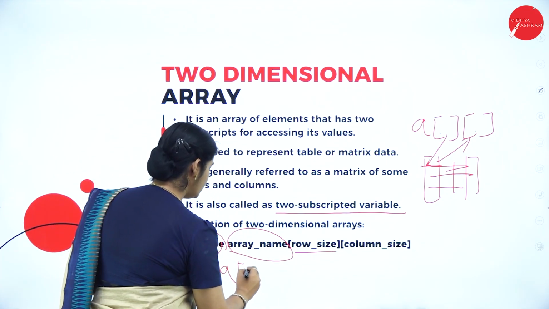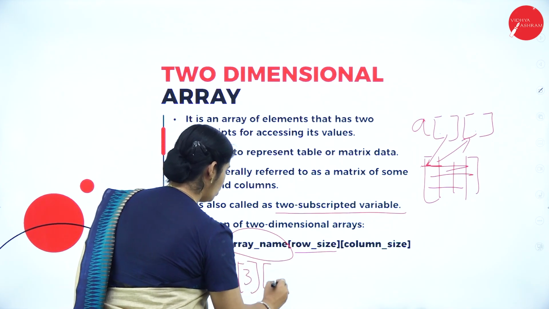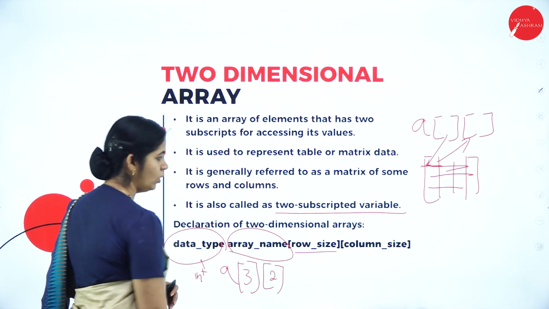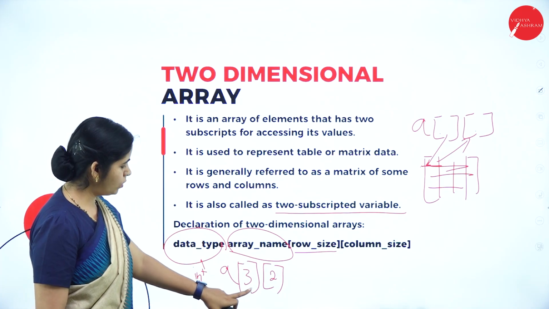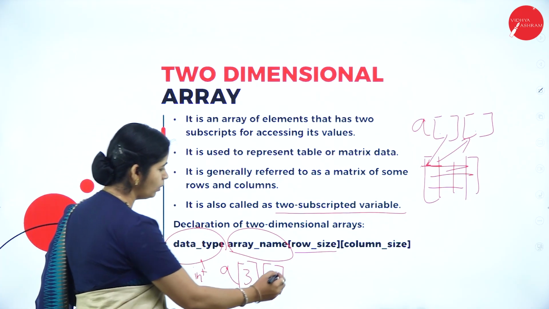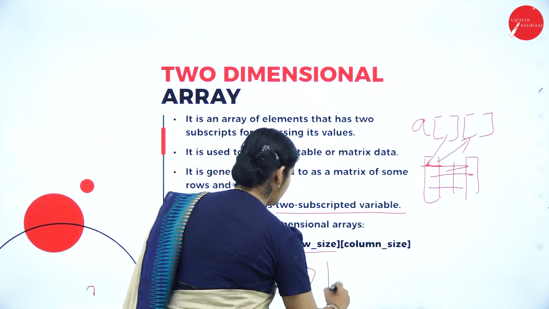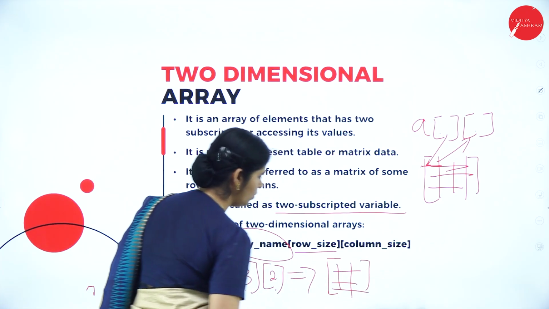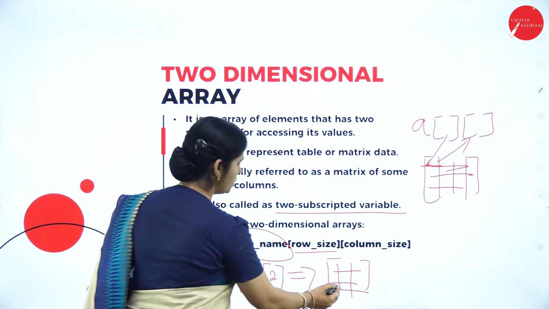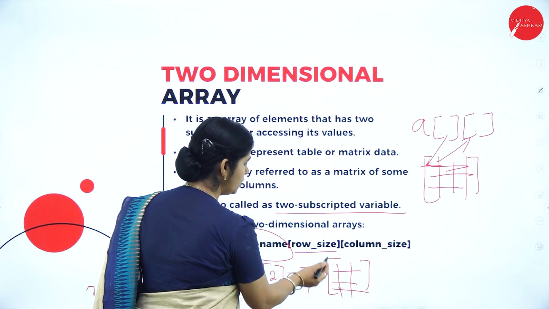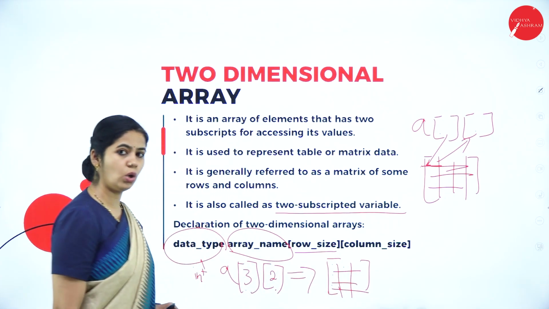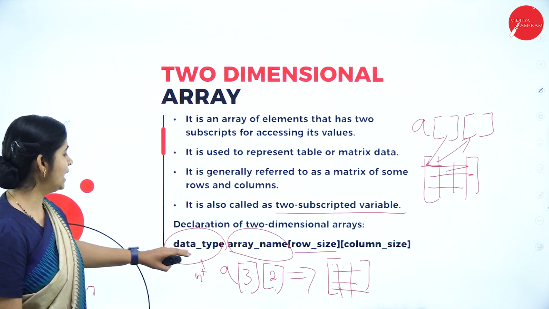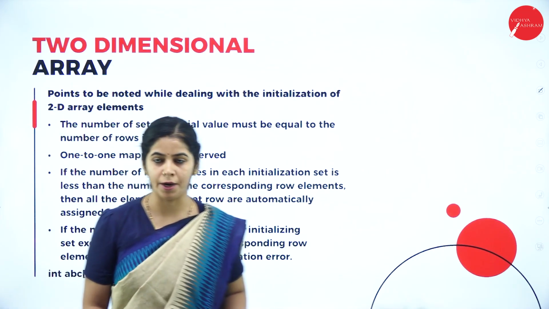I want 3 rows and 2 columns. This is the row size, this is the column size. How will this be displayed? This will be displayed like this. We have 3 rows and 2 columns. You can store 3 values in the row and 2 values in the column. That is the declaration of a two-dimensional array.